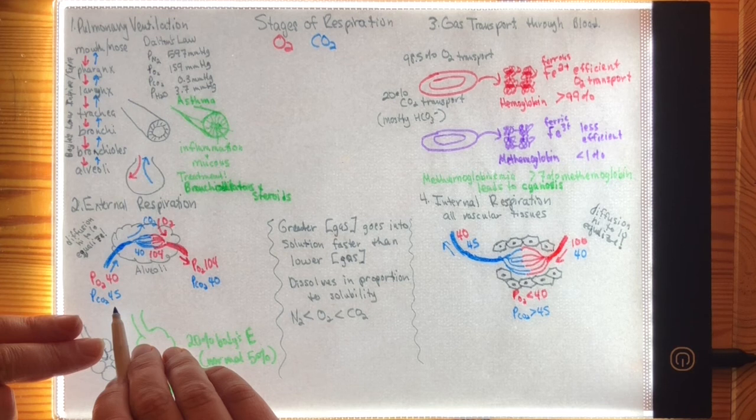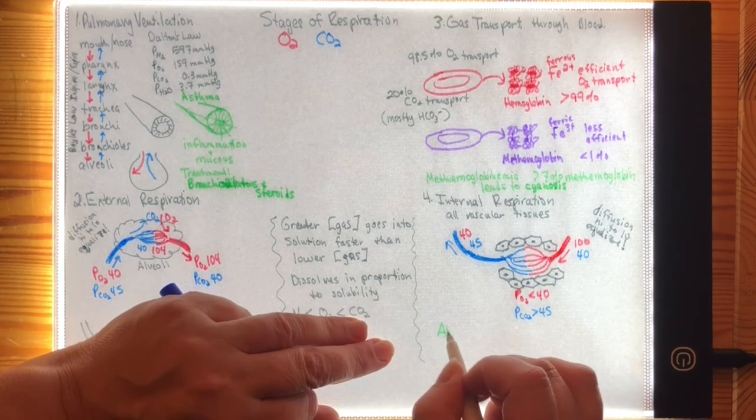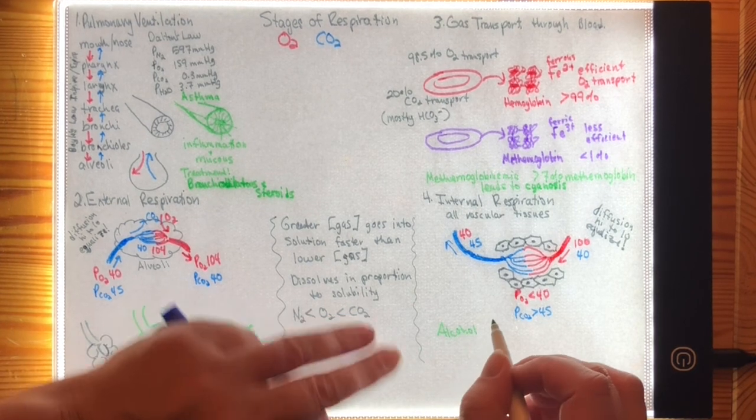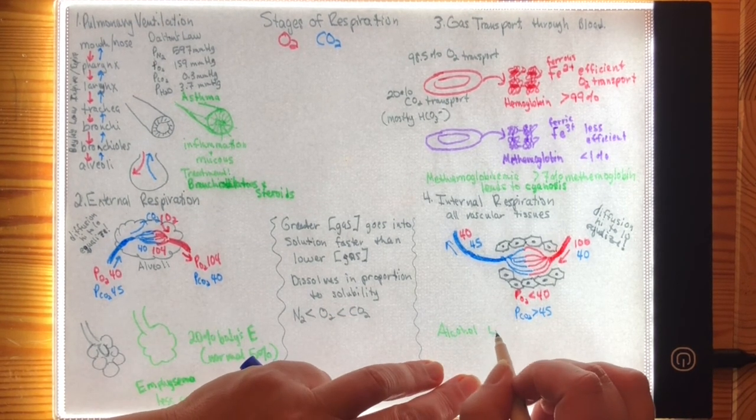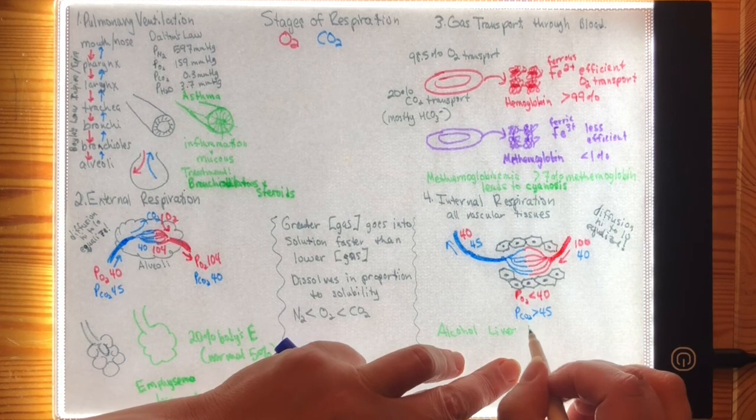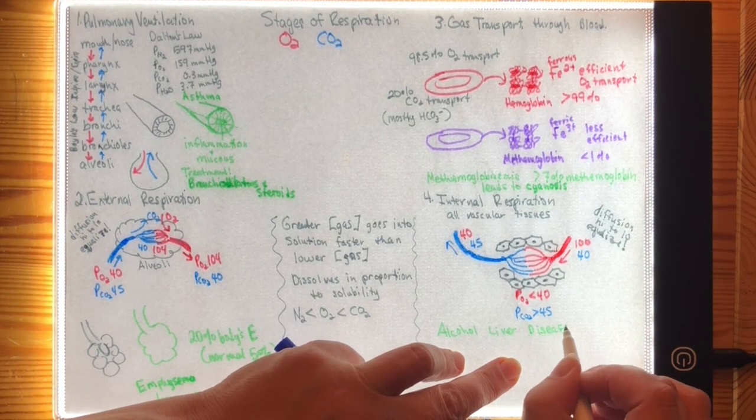And so that is actually the same exact numbers. These stay exactly the same all the way up to the lungs. So the blood entering the lungs will be at a partial pressure of oxygen of 40 and a partial pressure of carbon dioxide of 45.